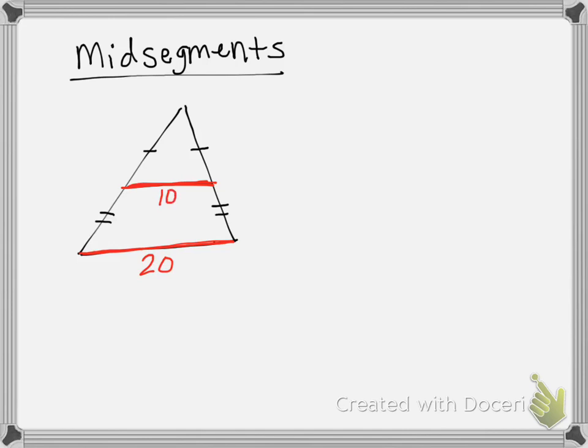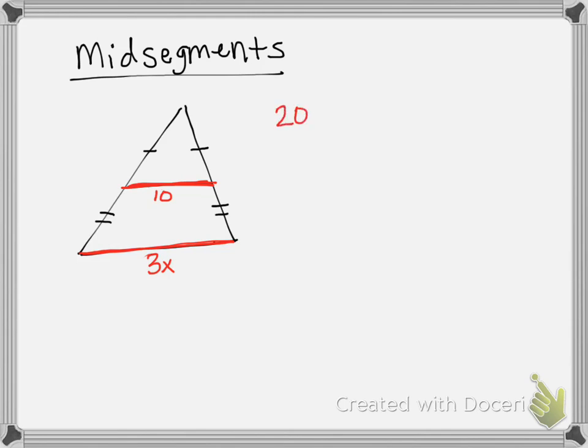Let's talk about some other numbers that we could get. Let's say if this long side maybe is 3x and this side is, I don't know, 10. Okay, you know the short side is half, so the long side has got to be 2 times that.